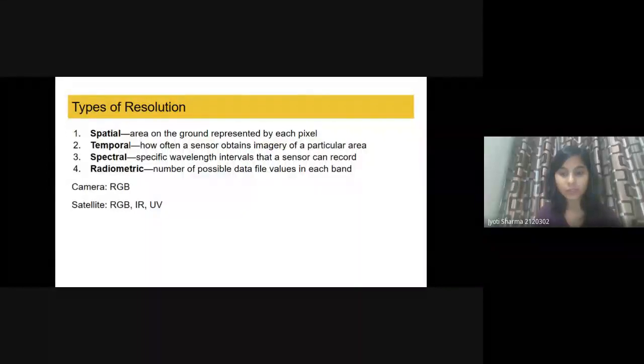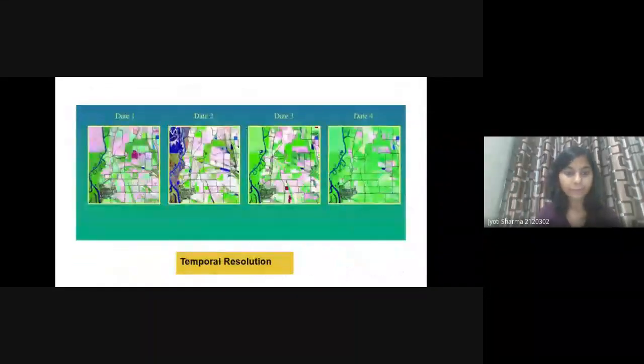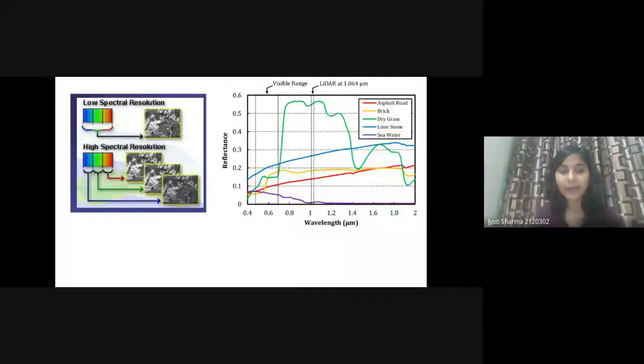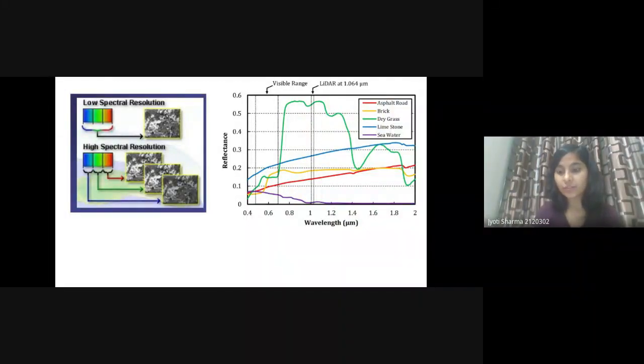I will show you one picture. Here we have, let's say, blue. This is the visible light. When our sensor senses just the visible light as one band, it will give you some image. So this is the low spectral resolution.